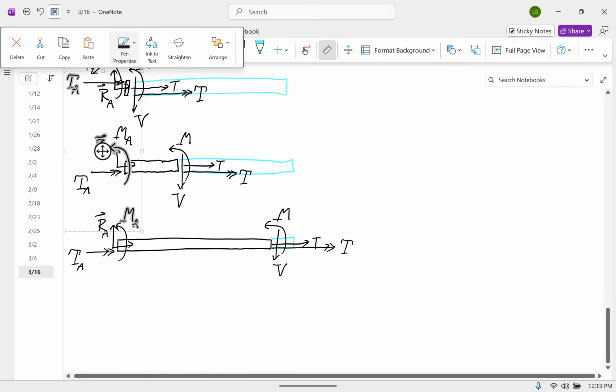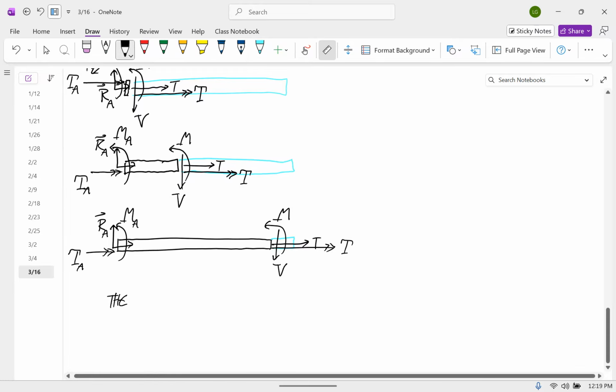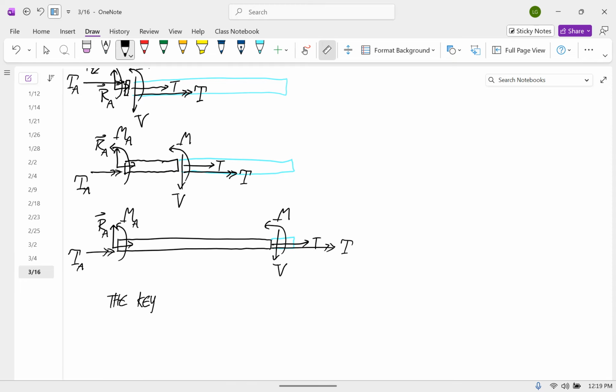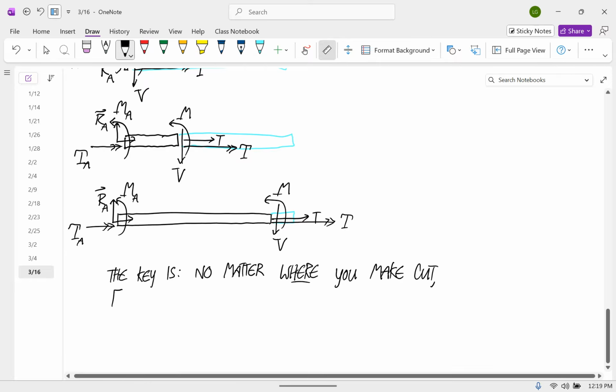The key is no matter where you make your cut, the free body diagram looks the same.